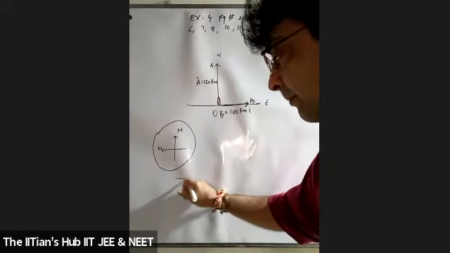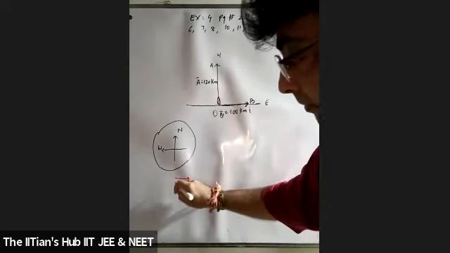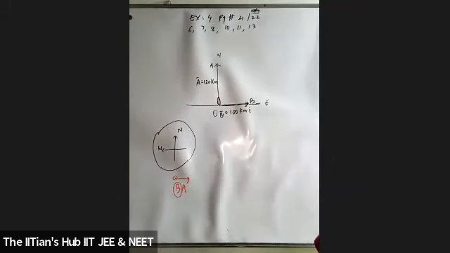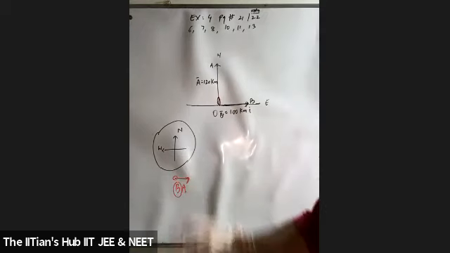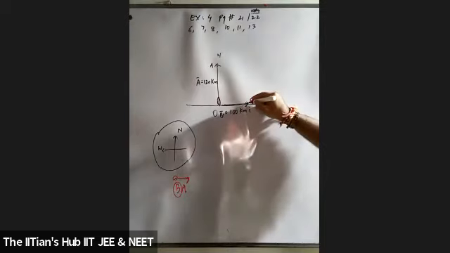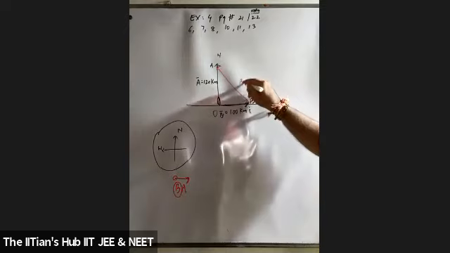Vector BA, whenever students listen carefully, कभी भी कोई भी प्रॉब्लम में अगर वो BA लिखते हैं, it's in this manner, उसका मतलब B is positioned at the tail of the vector and A is positioned at the head of the vector. ये ध्यान में रखना. This is the starting and this is ending. So this is vector BA.